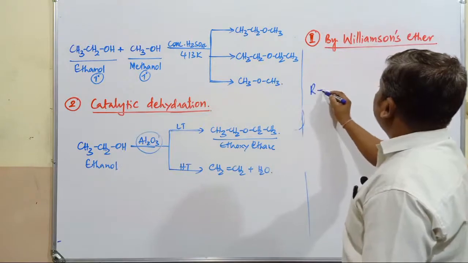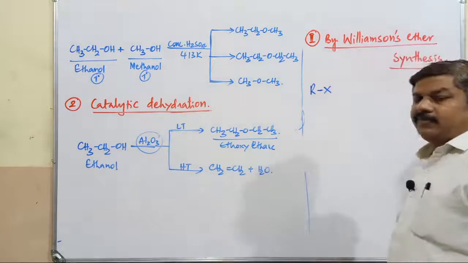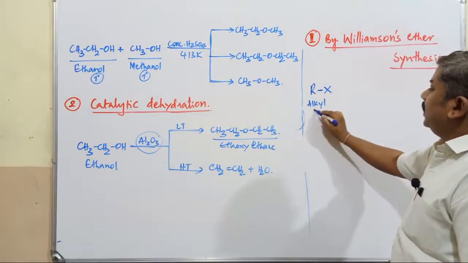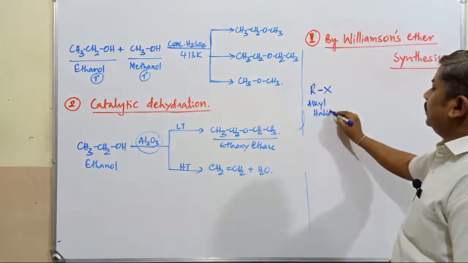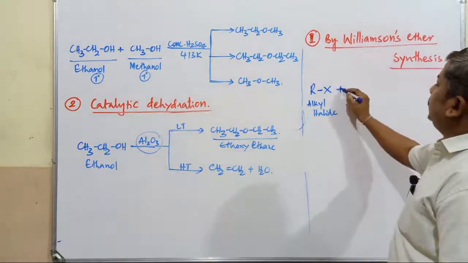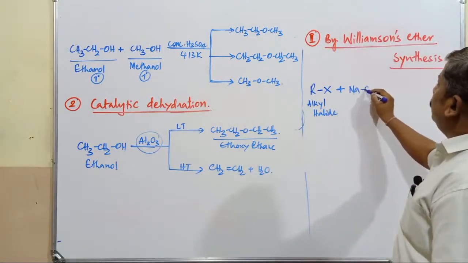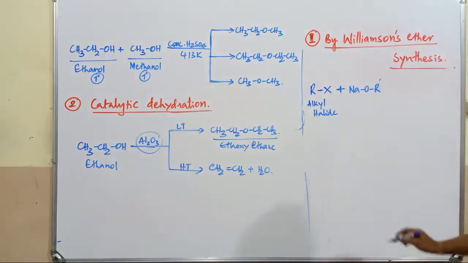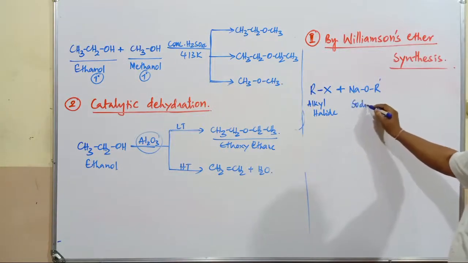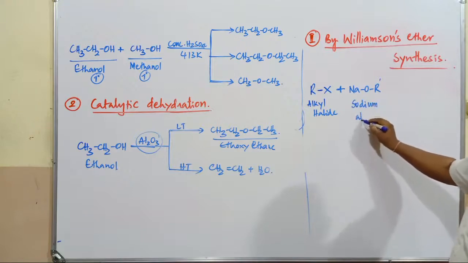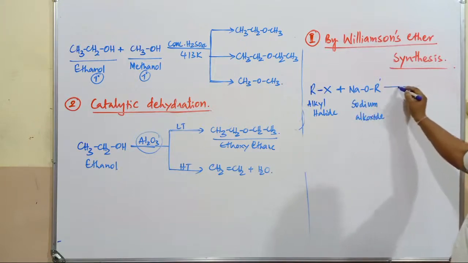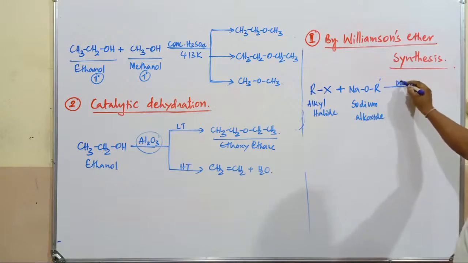First I am writing the general reaction. R-X is an alkyl halide, a haloalkane. When it combines with NaOR', this species is known as sodium alkoxide, in the presence of dry ether.